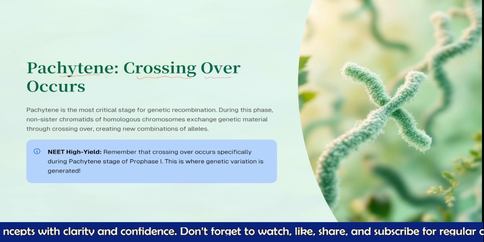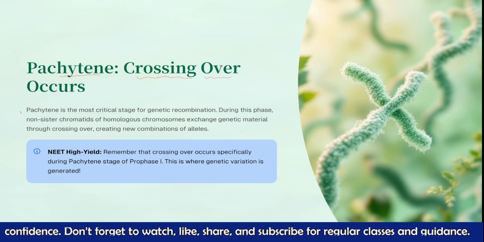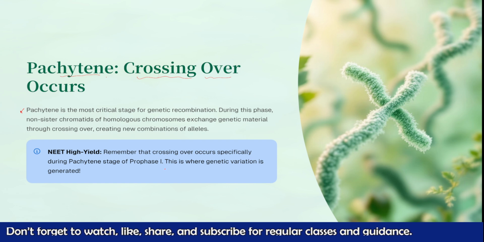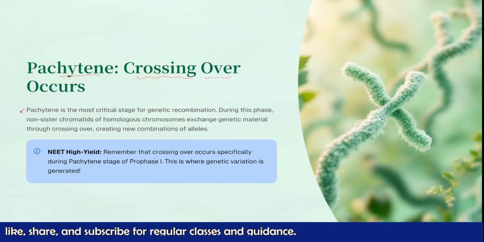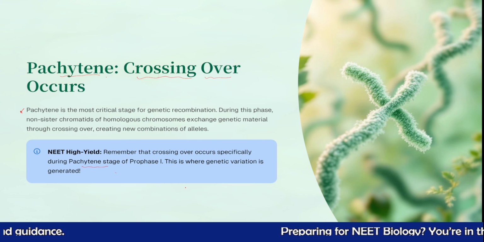That is in the pachytene stage. This is another important question, especially in previous competitive exams: in which stage does crossing over occur? That is the pachytene stage. In that only, genetic variation is also generated.